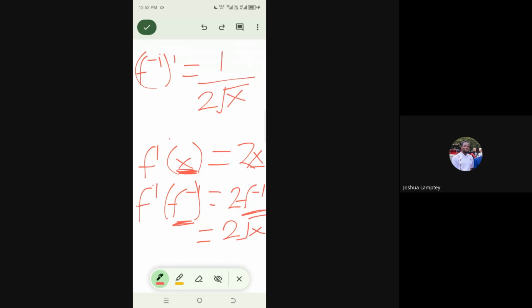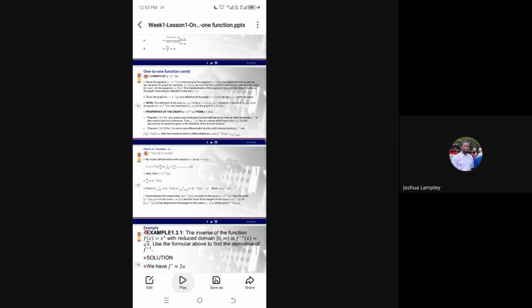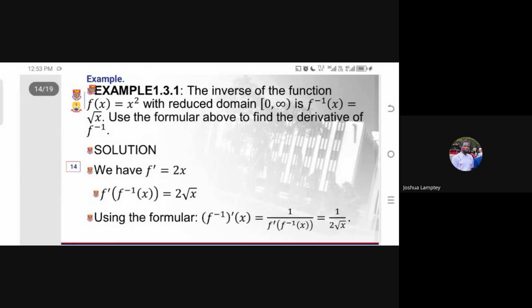It is the same as doing it directly without the formula, but they stated implicitly that we should use the formula. So that is why you had to go through the stages and all.